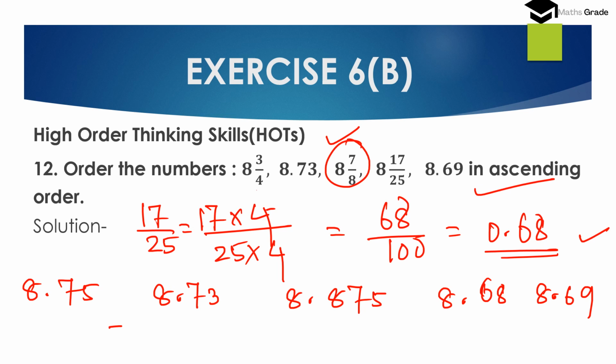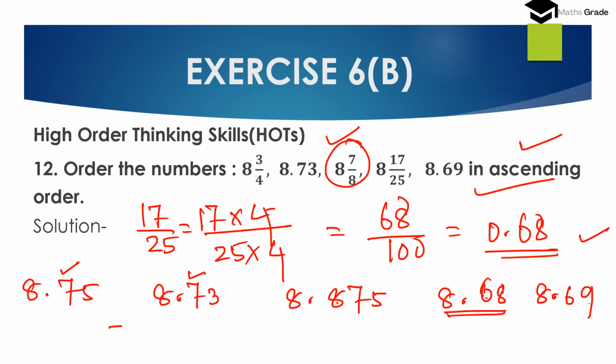Now we have to arrange these decimals in ascending order, that is smallest to the largest decimal. All these decimals have 8 in the whole number part, so compare the 10th place. Here in the 10th place it is 7, here also 7, but here 8. Here 6, 6, but 6 is the smallest digit.